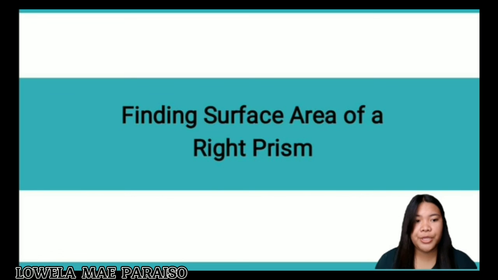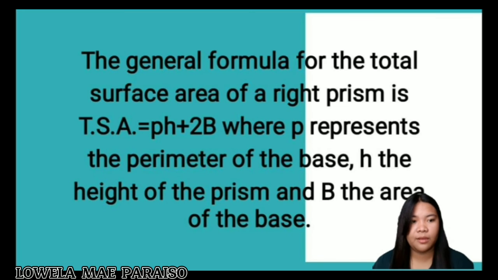Finding surface area of a right prism. The general formula for the total surface area of a right prism is TSA is equal to PH plus 2B, where P represents the perimeter of the base, H the height of the prism, and B is the area of the base.